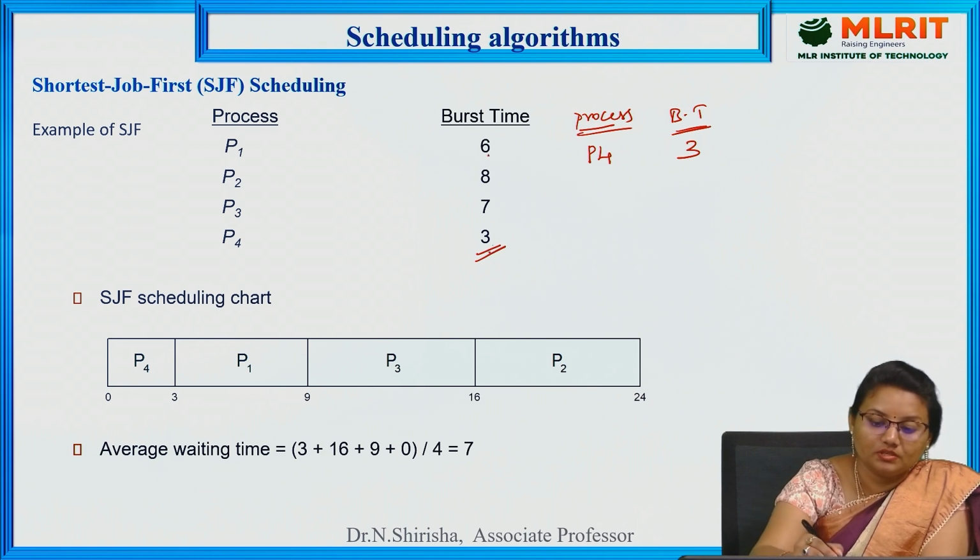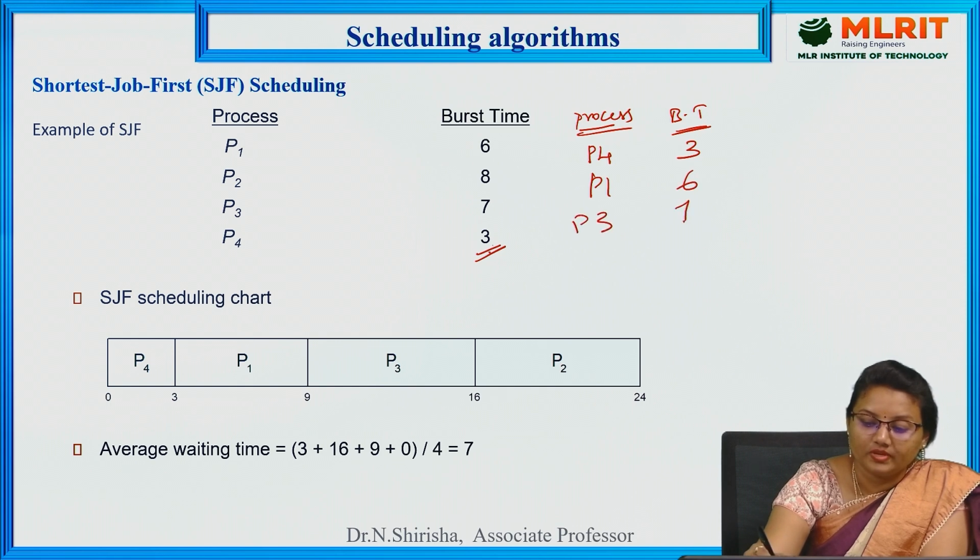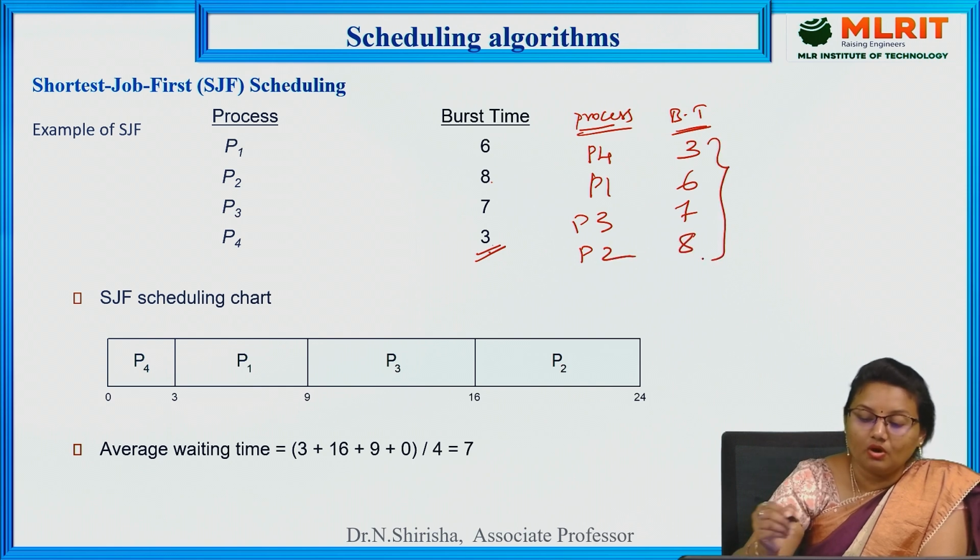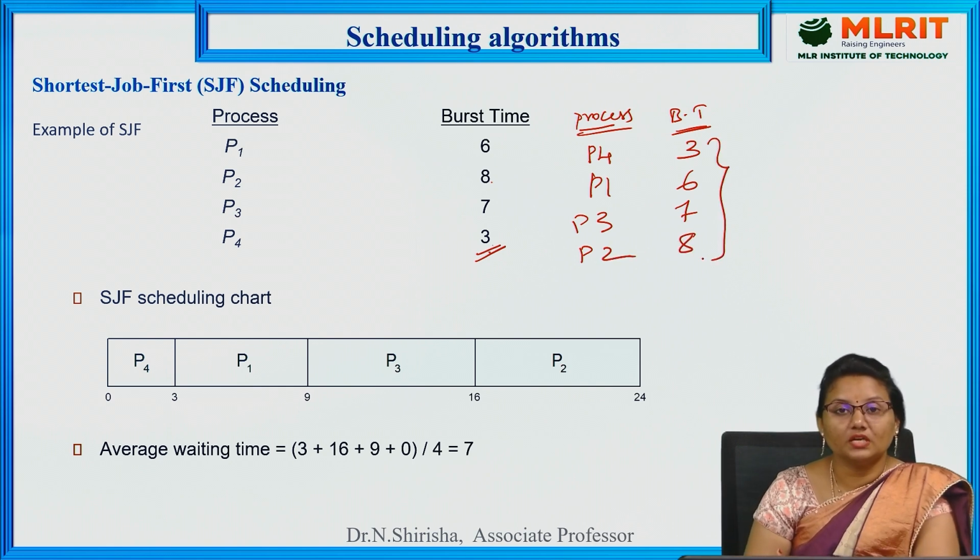Next you have a 6, so P1 is 6, P3 is 7. Next least is 8, so P2 is 8. So whenever you consider SJF, we have to sort in such a way that the burst time of a particular process is less than the other processes.